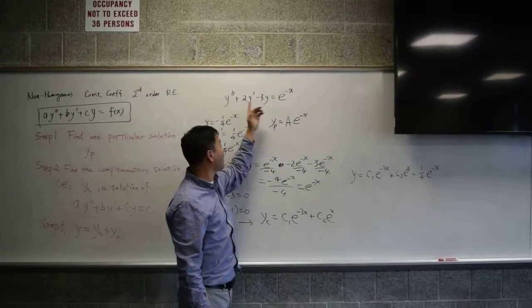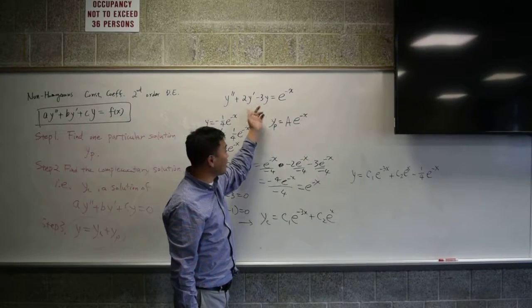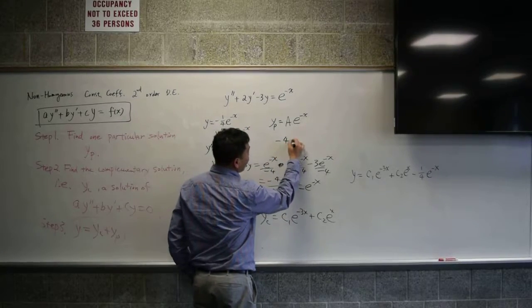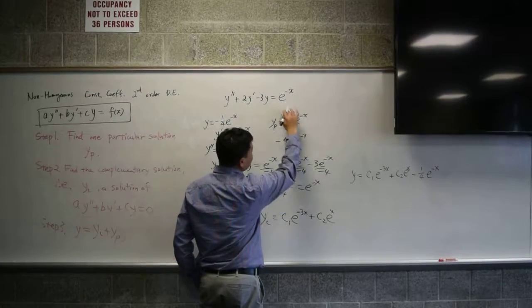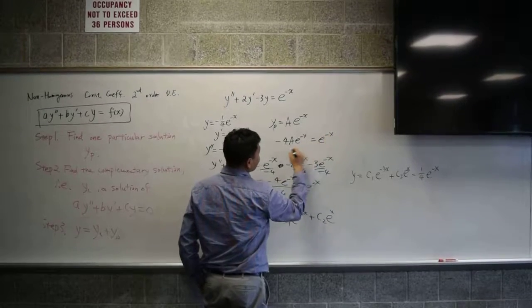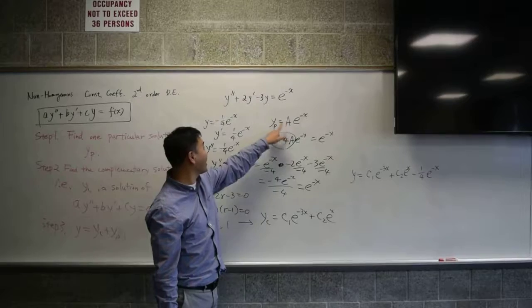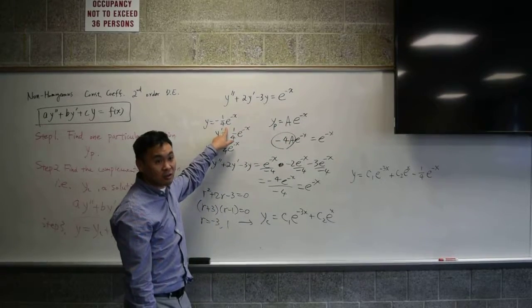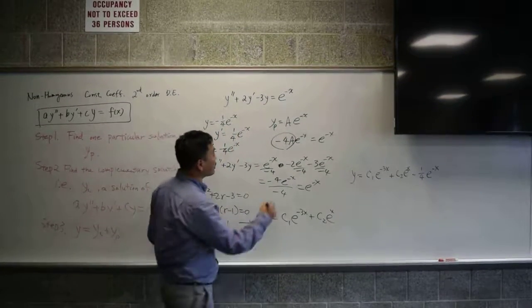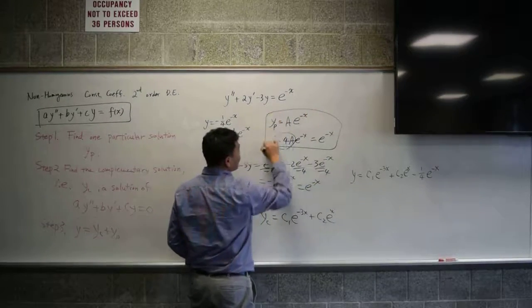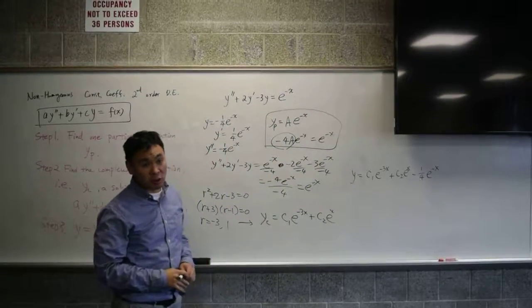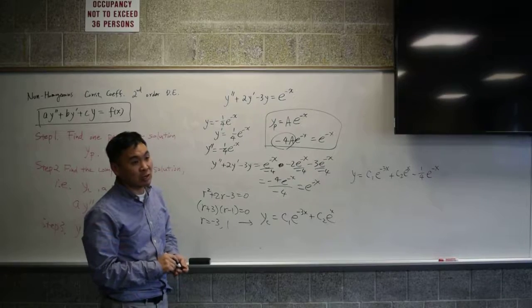Then when you plug in the left side, you'll end up with negative 4a e to the negative x, and on the right side you have e to the negative x, and then you can say a must be negative 1/4. Plugging that back in, we get this solution. Okay? So that's a more streamlined approach, and such a method is called the method of undetermined coefficients. So that's what we'll do next time.